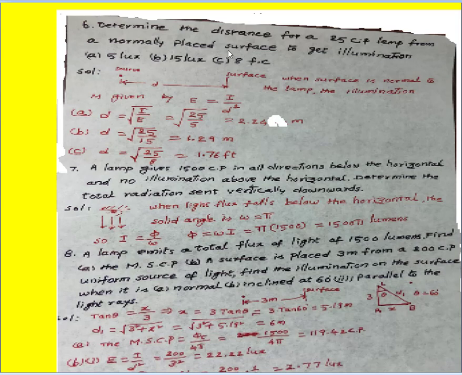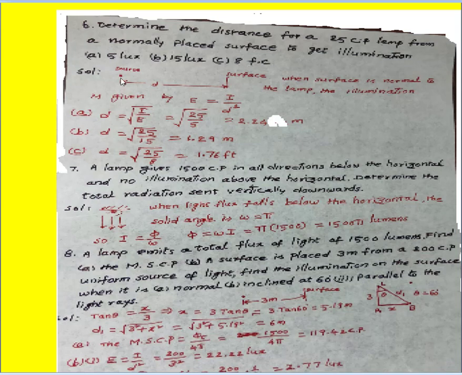So next problem. Here, determine the distance for a 25 cp lamp from a normally placed surface to get illumination: A, 5 lux; B, 15 lux; C, 8 foot-candela. So first draw the diagram with the given data.